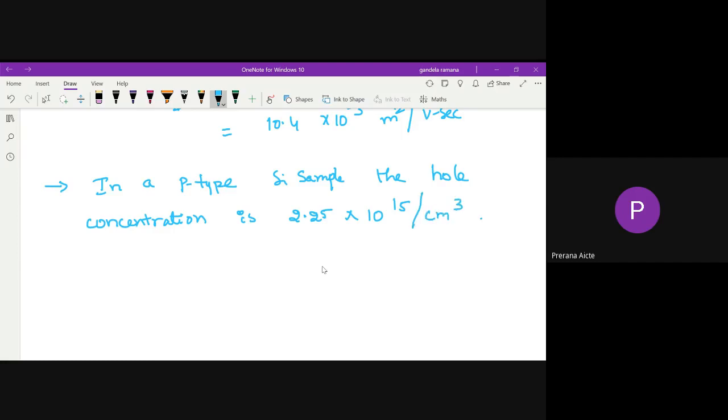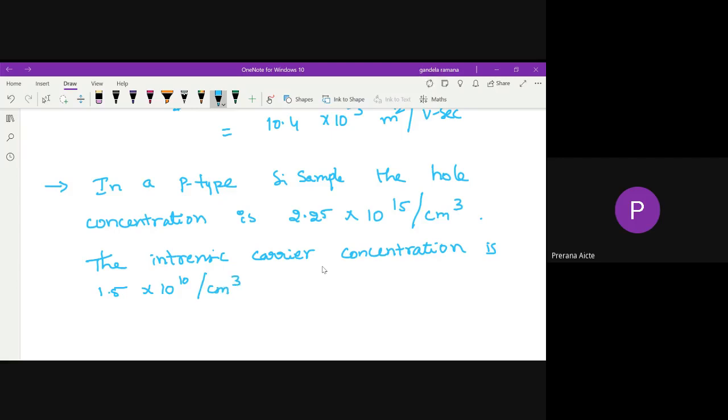The intrinsic carrier concentration is 1.5 into 10 power 10 per centimeter cube.